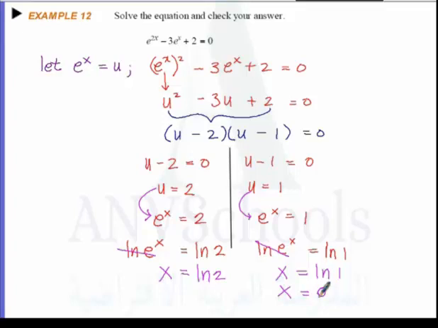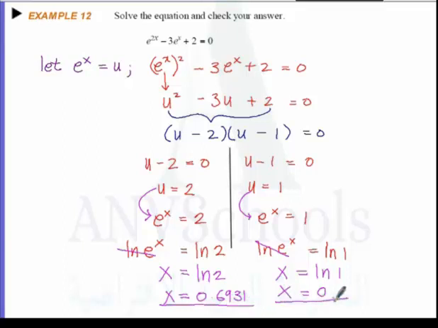Okay? And in this case, my x is equal to ln of 2, or correspondingly, solving in a calculator, I will get my x as 0.6931, rounded off to the nearest ten-thousandth.